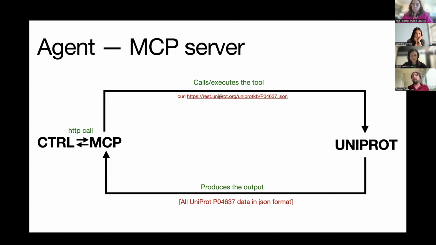For example, before STRING did their own, there were 2 or 3 projects that already did the MCP server for STRING. So you can, for example, use the public UniProt API, and then MCP will just get this URL and put the data back to the agent. But of course, you can make it as fancy as possible.